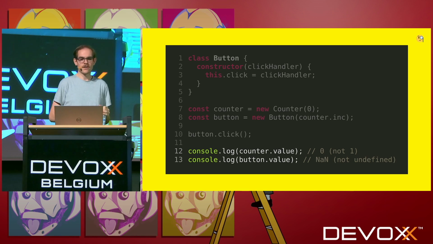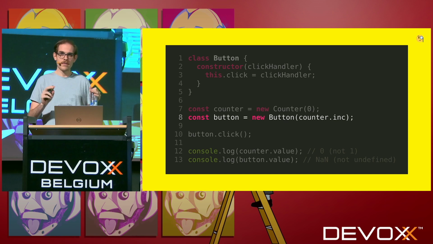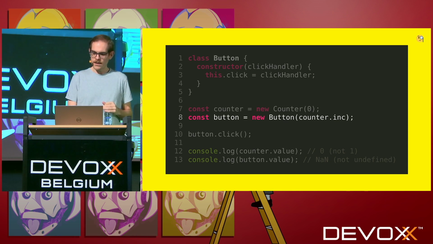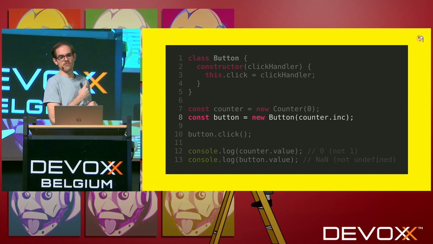Some of you might already know what's happening. The problem is that the increment method of the counter uses the this keyword internally to increment the counter. It does this.value++ to add 1 to the counter. And we're passing it as the click handler to the button in this line that we're seeing here highlighted.